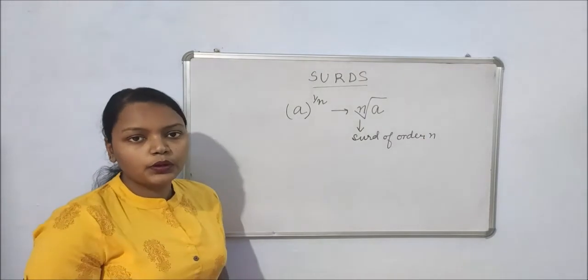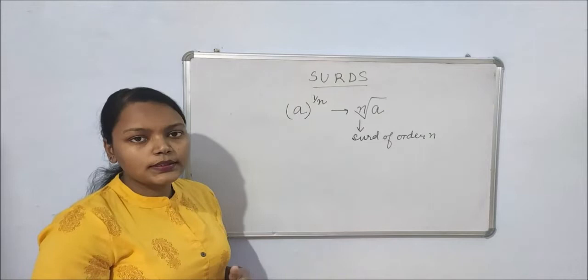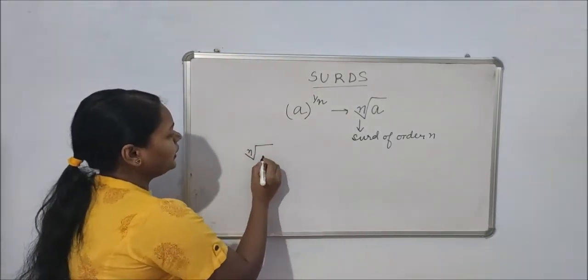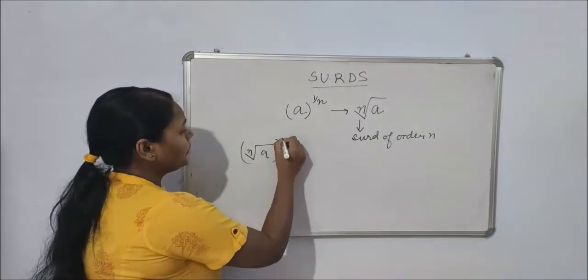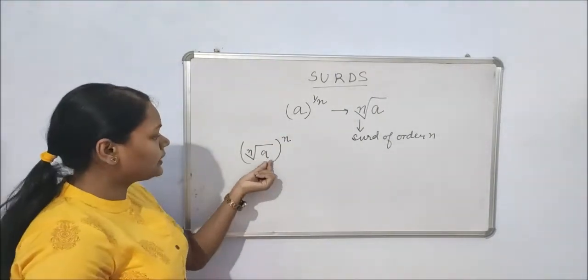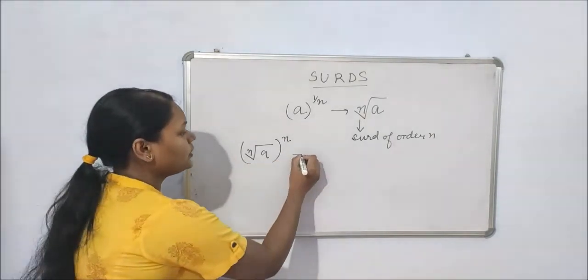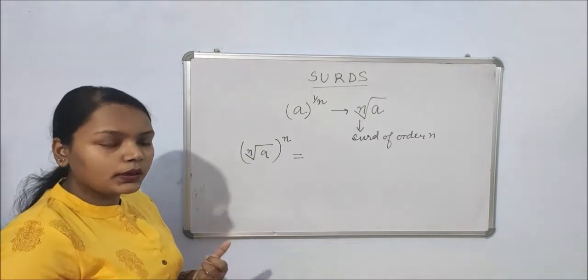Now there are a few properties which we need to know regarding how surds are operated. If a is the surd of nth order raised to the power n, as we used to do in the square root, the square of a square root is the number itself.